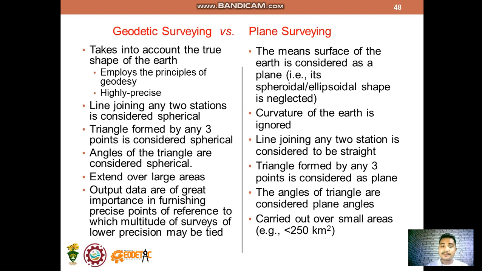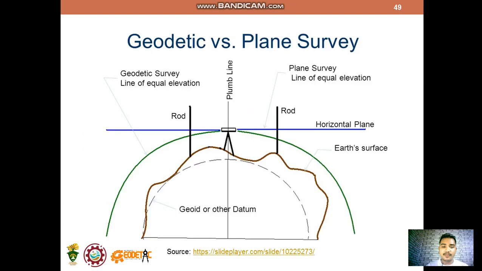It's because it implies the principle of geodesy, and reference system is under the topics of geodesy. So let's take a look at this example. Sa kalainan ni geodetic and plane survey, kanang violet is a level of equal elevation when we talk about plane survey.